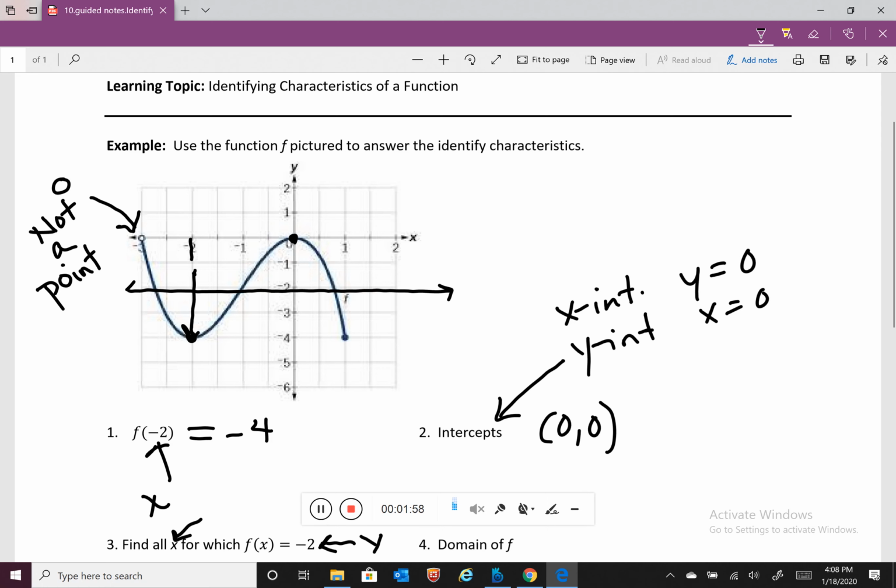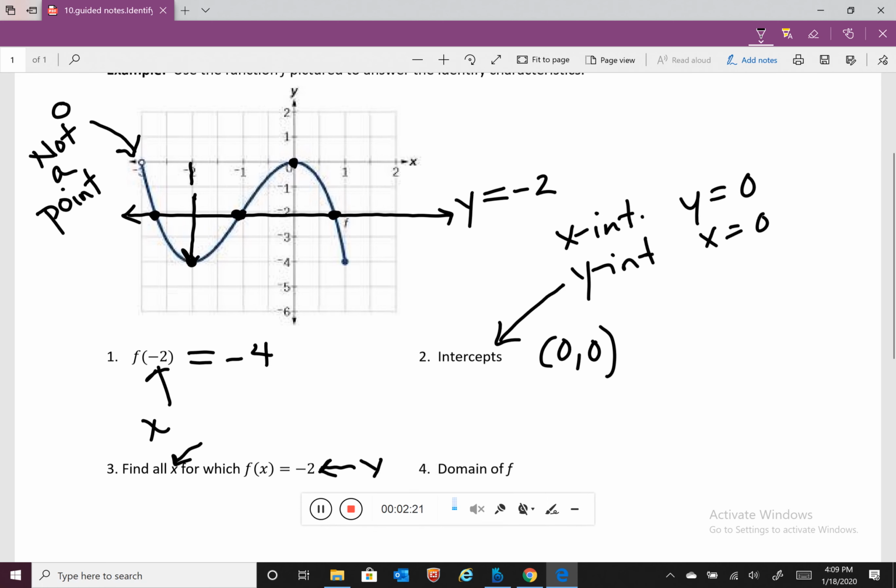This is our horizontal line. Y is equal to -2. And this occurs in 1, 2, 3 different spots. And I think I missed that just a little bit. So we want to be able to identify those 3 spots, those 3 points where y is -2.